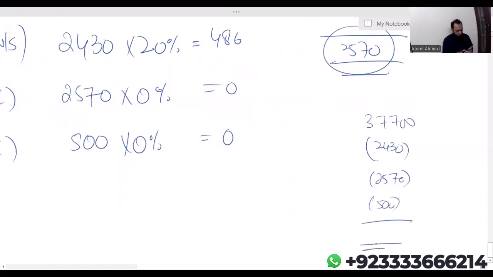Let's see how much space is left in the basic rate band. 37,700 minus 2,430 minus 2,570 minus 500. I'm getting 32,200.